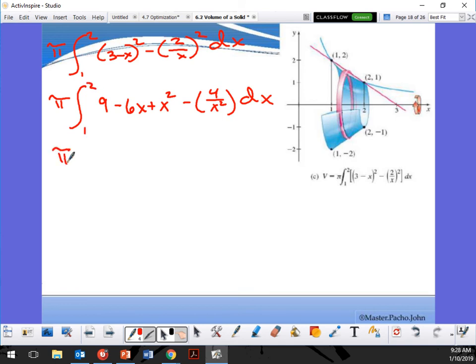All right, so pi times the bracket, that's going to be 9x minus 3x squared plus x cubed over 3 plus 4 over x, from 1 to 2.